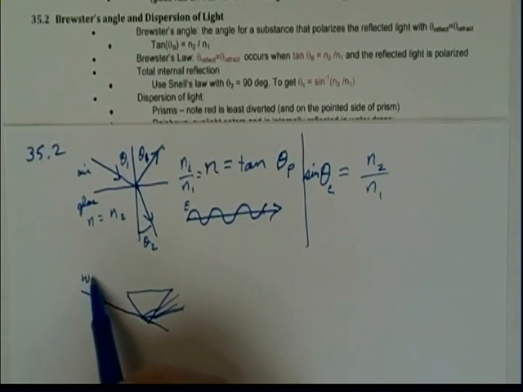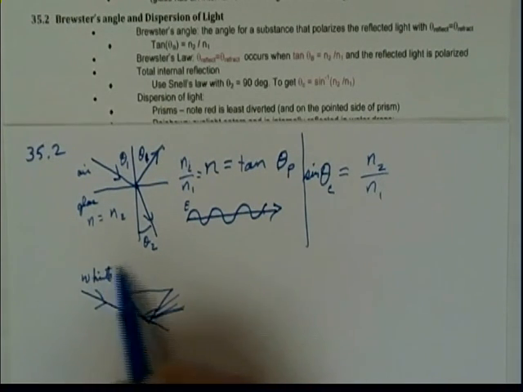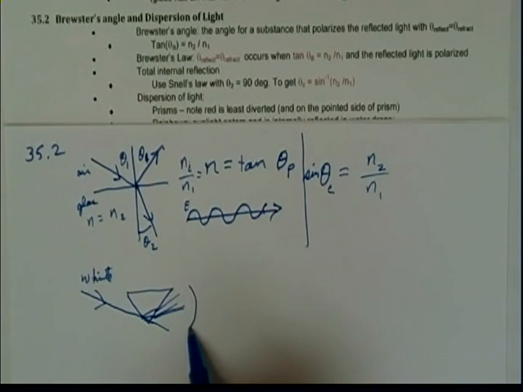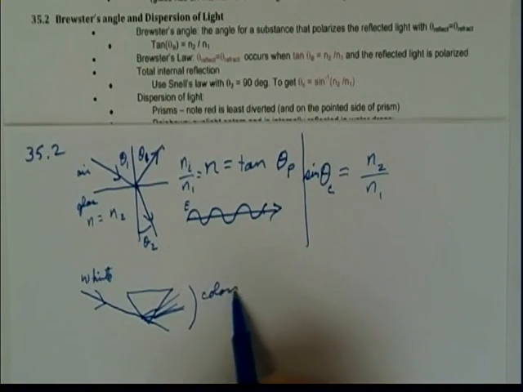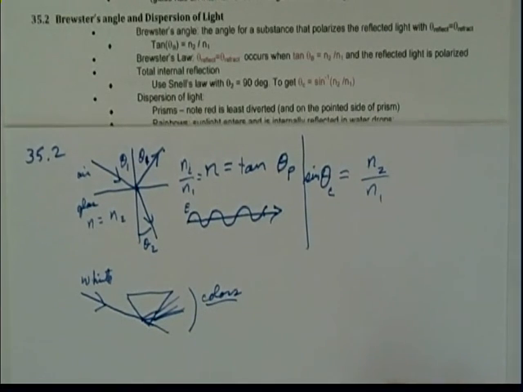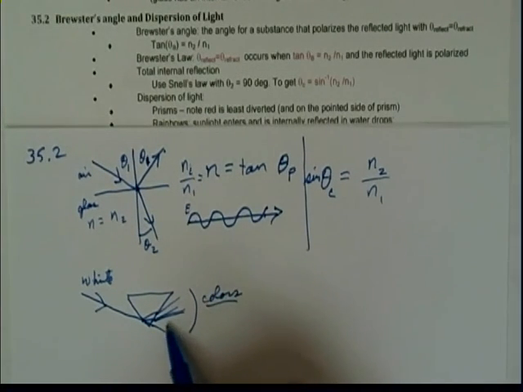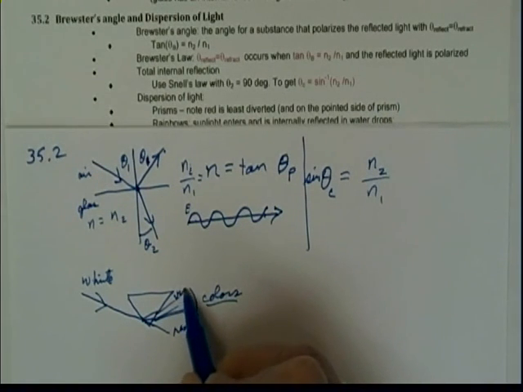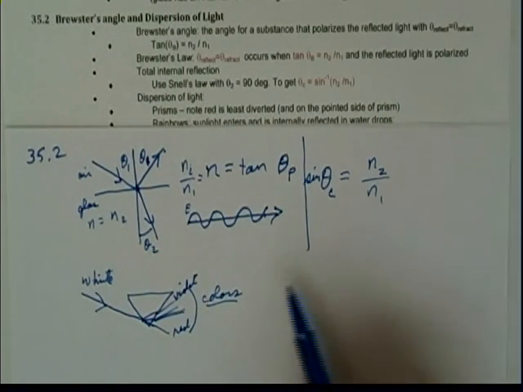If I put white light in over here, then I get all the different colors out over here. This spectrum effect is such that the red is the least diverted. So red would be here and the violet would be up here.